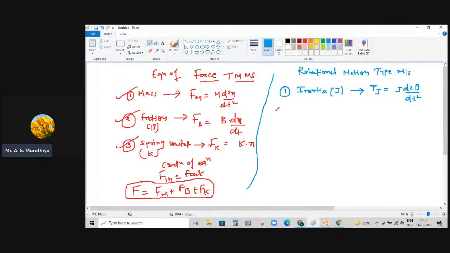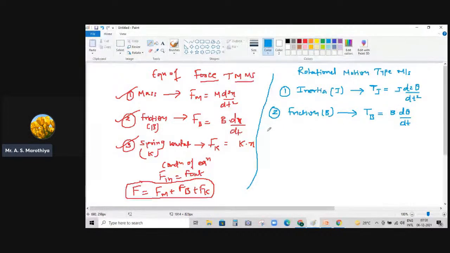Then second is, here we have again friction coefficient or damping coefficient indicated by symbol B. The torque component offered by this component is given by T suffix B, and it is going to be equal to B times d theta by dt.